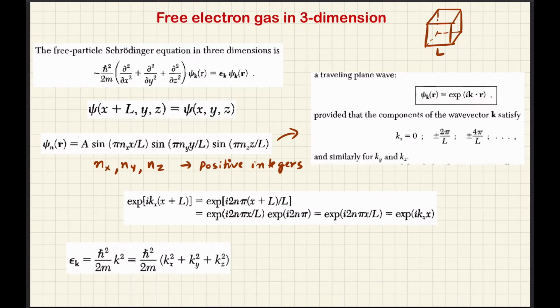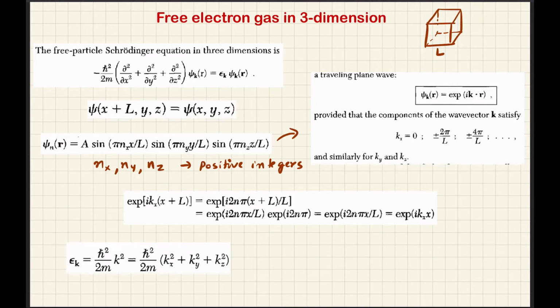If you expand this term you will get e raised to i (kx x plus ky y plus kz z). And this solution should also obey the periodic boundary condition.